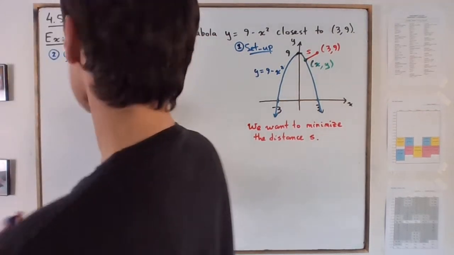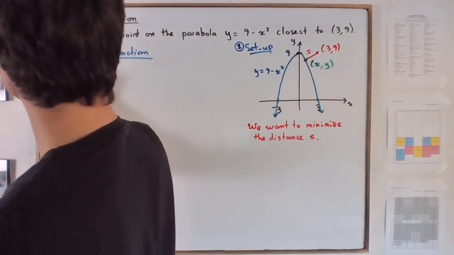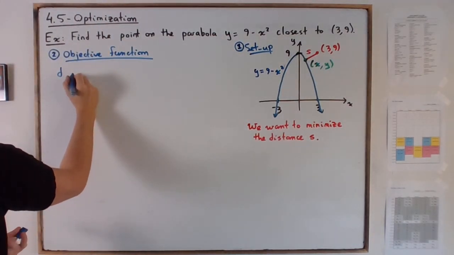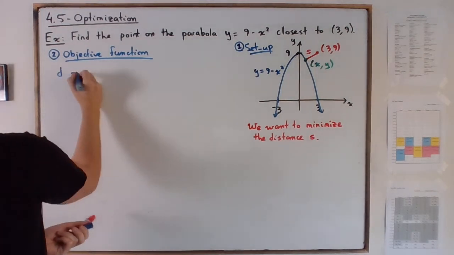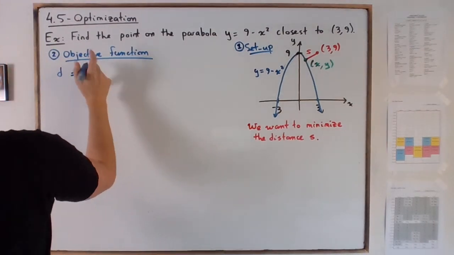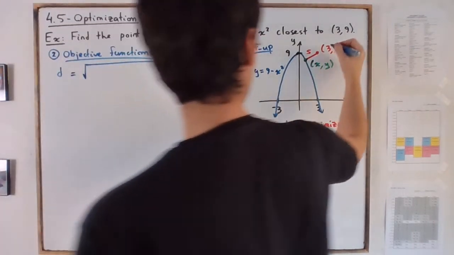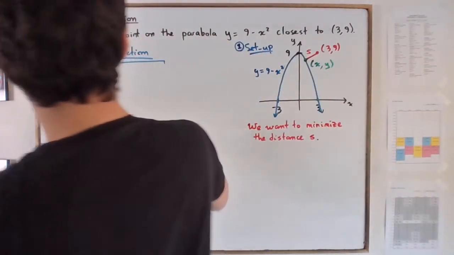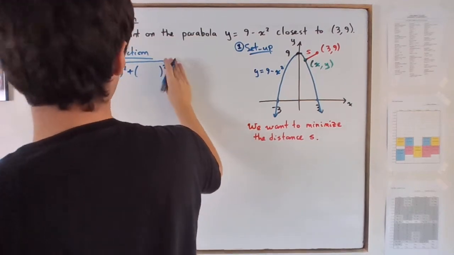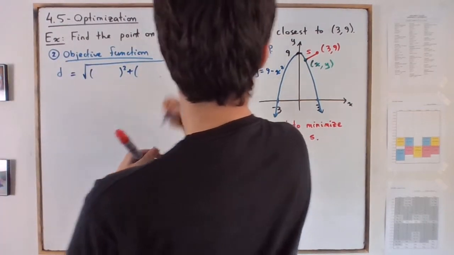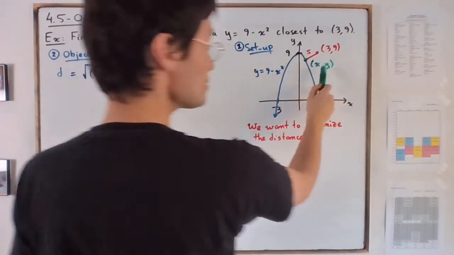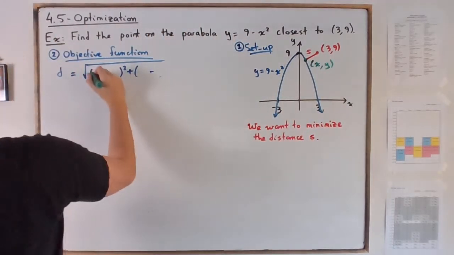You might remember that d... actually, yes, it's a good idea. Let's write d to be the square root. This is the distance function that you have seen in high school. Let's write its exact definition. Nothing new here. We have x2 minus x1, and I will choose (x2, y2) to be this point here.